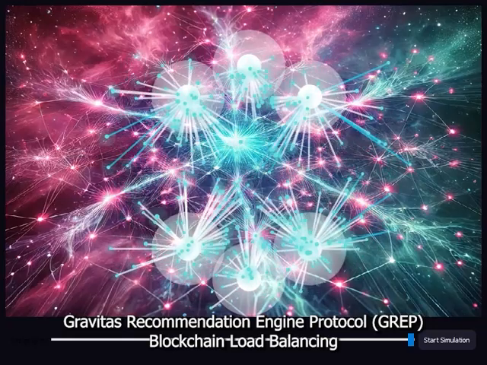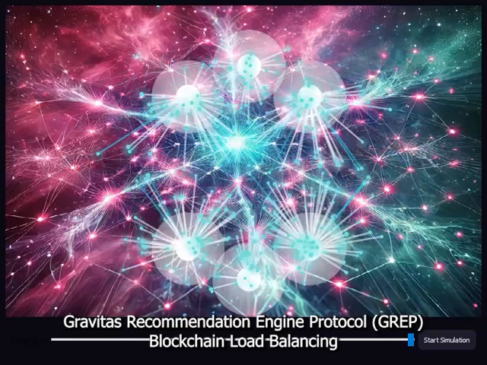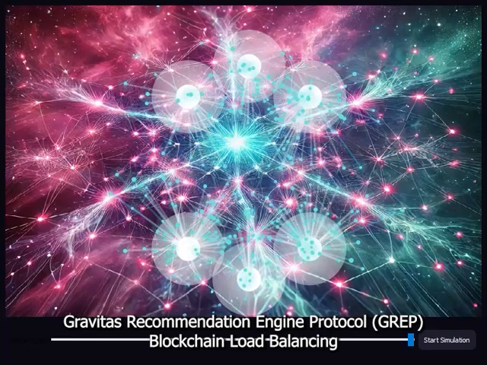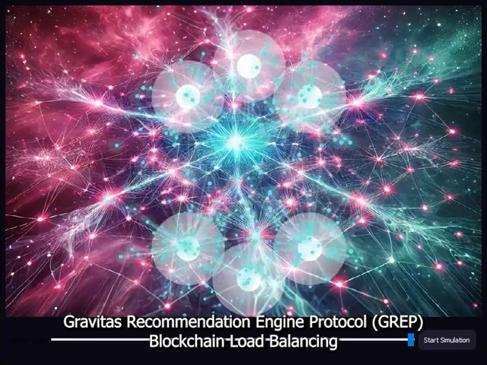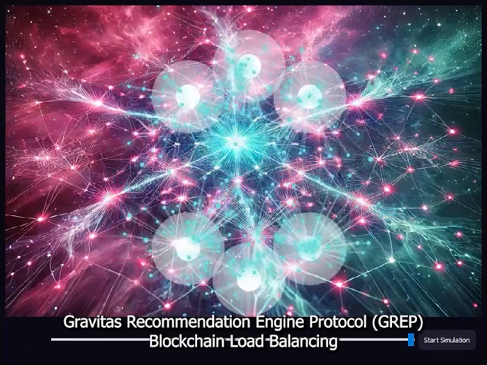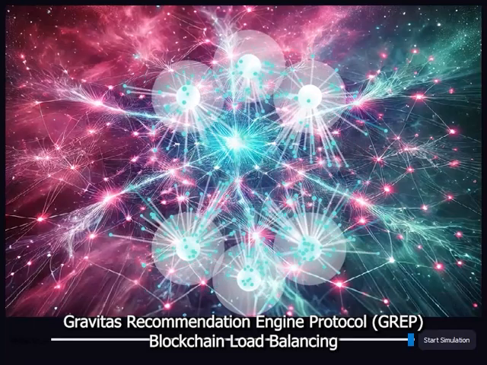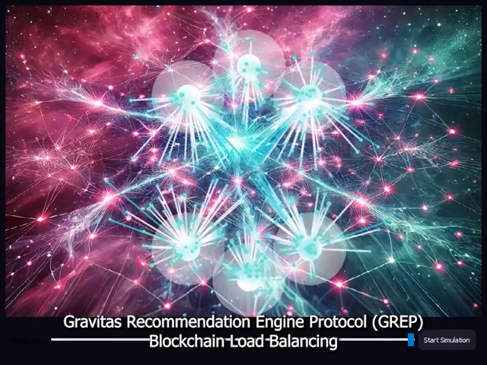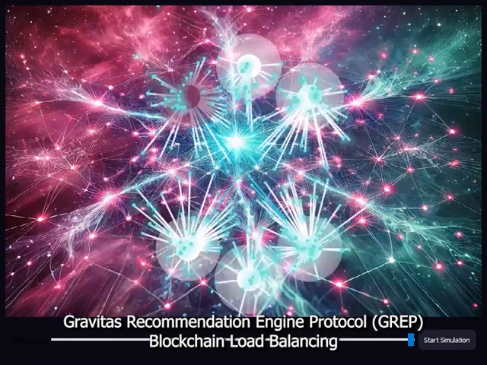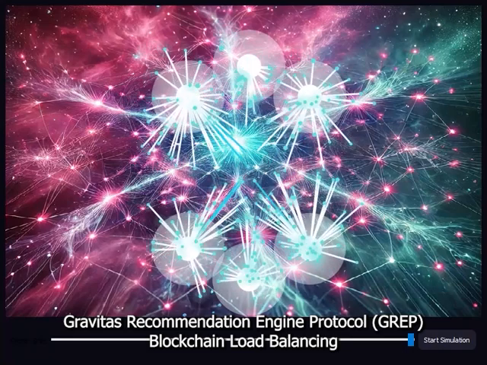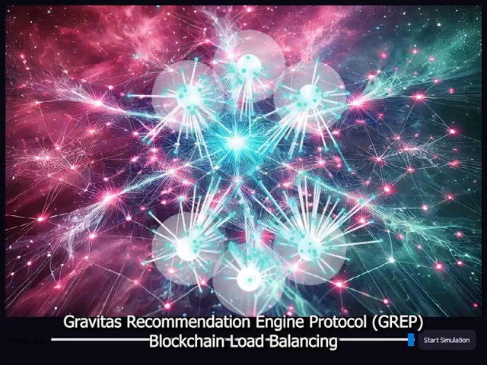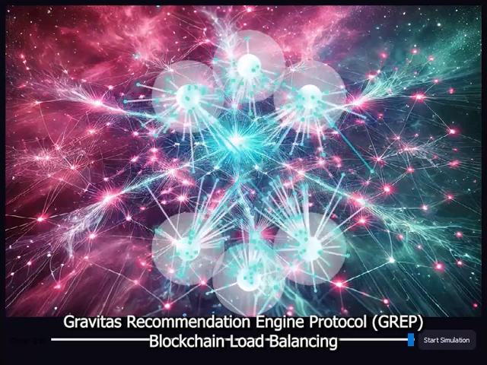Network performance analysis. GREP simulations provide valuable insights into how transactions flow through the network, enabling developers to optimize configurations and improve scalability. 4. Blockchain governance. In decentralized governance systems, GREP can simulate voting dynamics, ensuring fair and transparent allocation of influence.